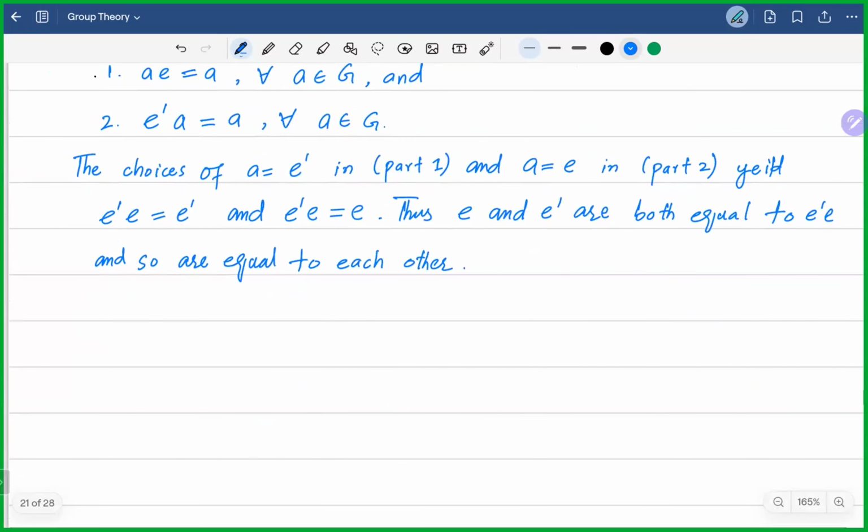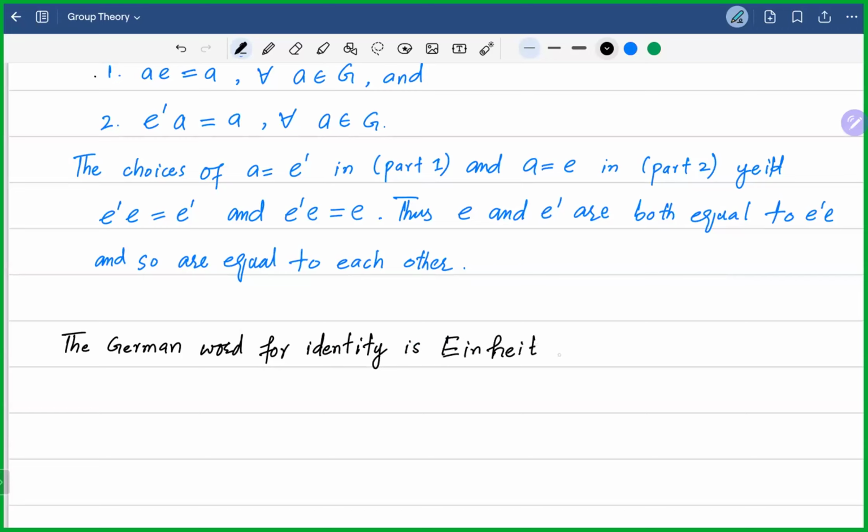I can write that: the German word for identity is Einheit.